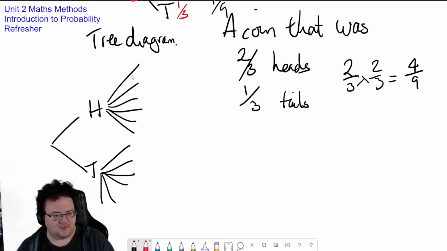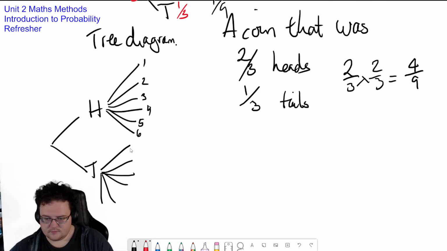But assuming a fair die and a fair coin, what is the probability I flip a heads, then roll a 1? This is a half. This is a half.